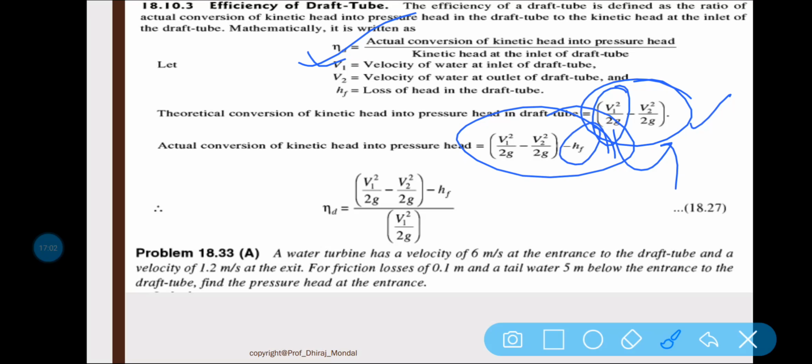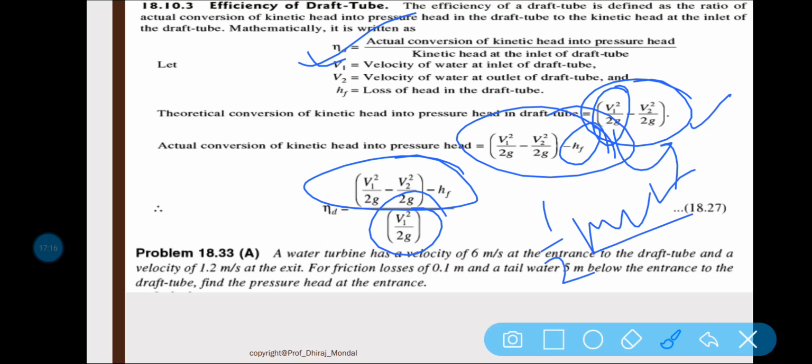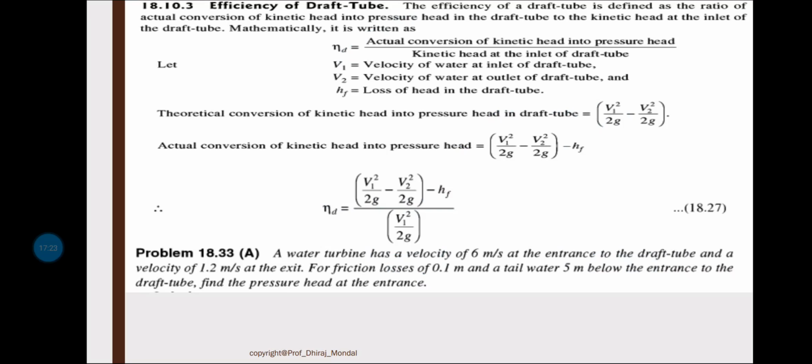Why Hf? This is frictional loss. So this is the actual conversion of kinetic energy. Initially the kinetic head is V1 square by 2g, that is your kinetic energy, half mv square, per unit weight. So this is the efficiency. I think it is clear.